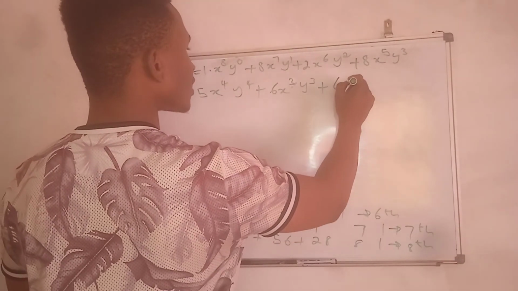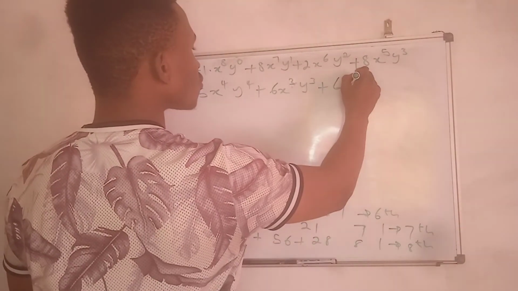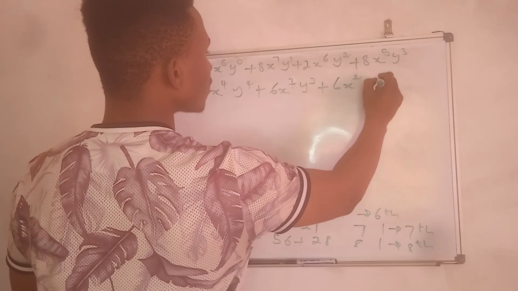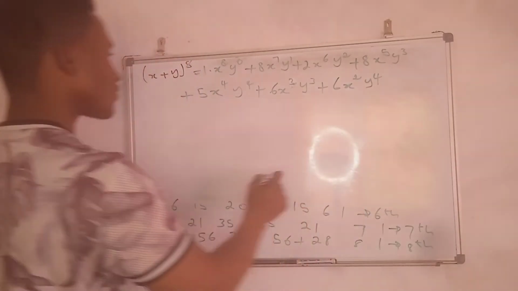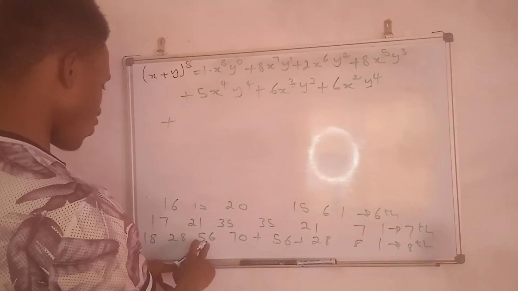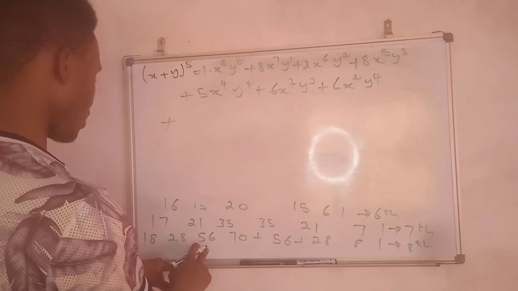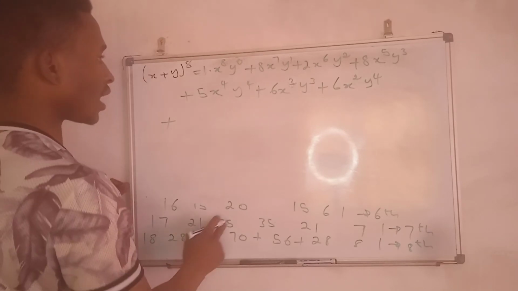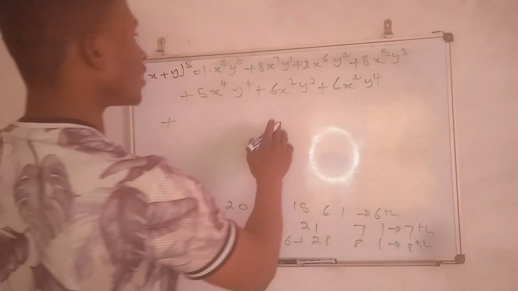This will be my coefficient. X to the power 2, y to the power 4, plus I was somewhere here. Oh, sorry, I made a mistake. This is 28 here.